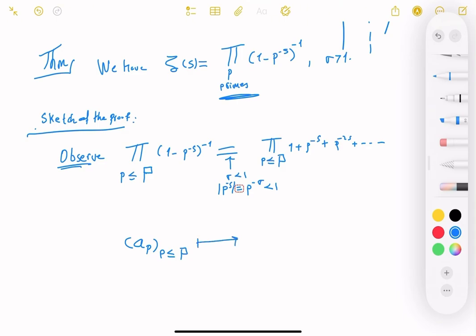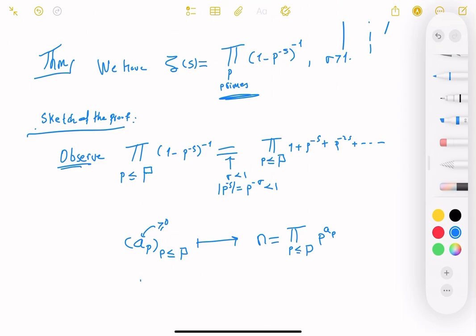you can map every tuple like that to an integer n that is the product with these exponents. So we can take these exponents to be bigger than or equal to 0. You can map these to this integer n, and this map over here, it's actually a bijection. It's a bijection between the exponent vectors and the integers.